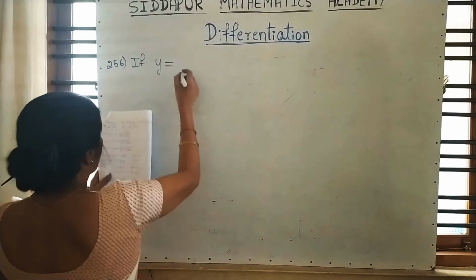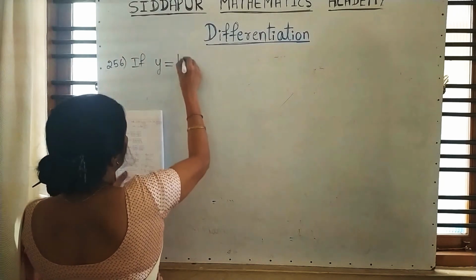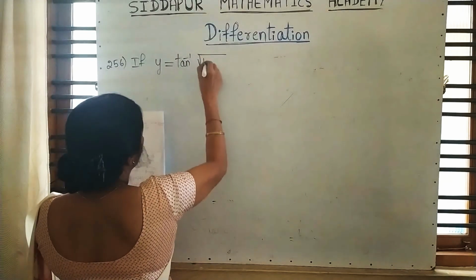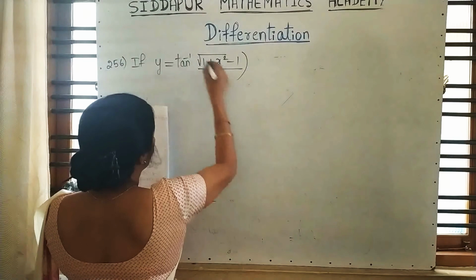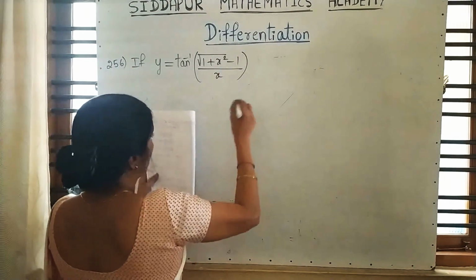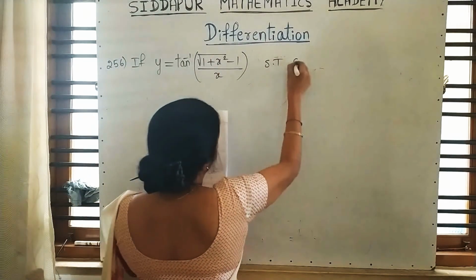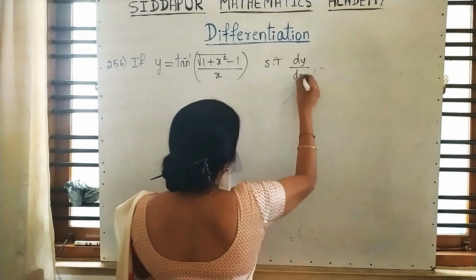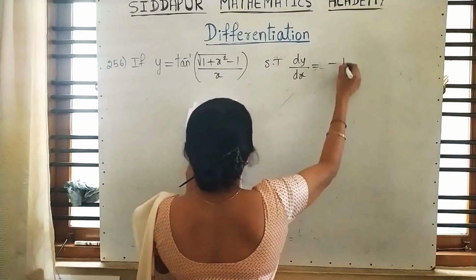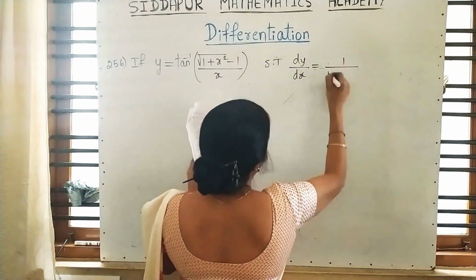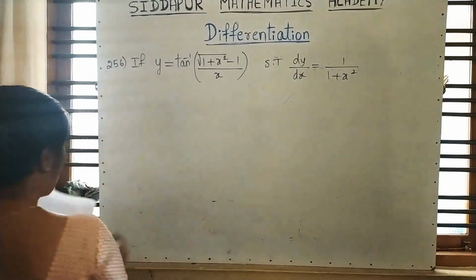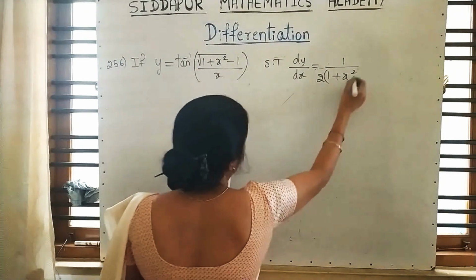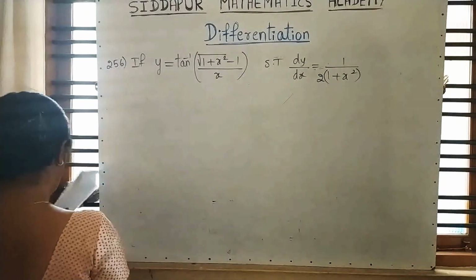If y is equal to that minus 1 is outside the bracket square root. Show that one upon 1 plus 1 upon 2 into 1 plus x square.